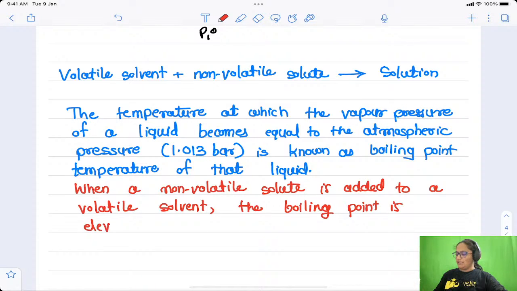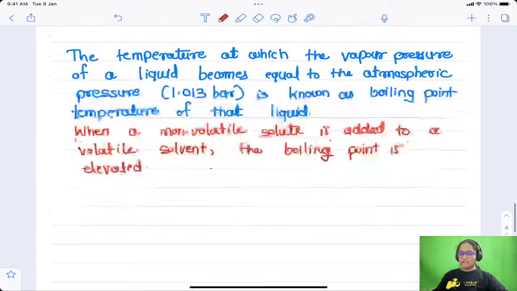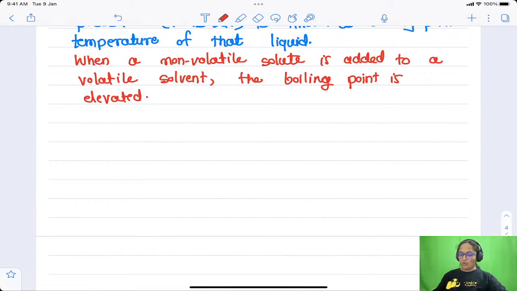Boiling point is elevated means what? If 10 degrees Celsius is the boiling point temperature of the pure liquid, and if we are adding a non-volatile solute, then the boiling point of the solution will be greater than 10 degrees. This is called elevation of the boiling point, right?